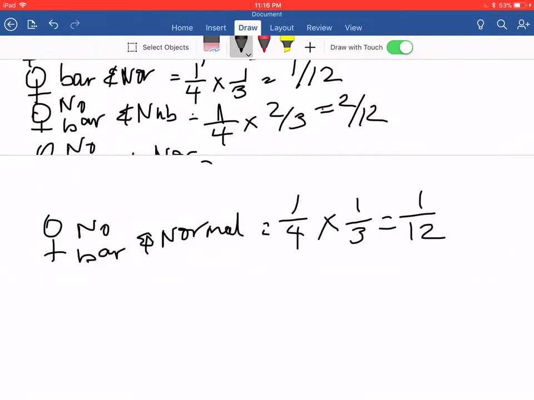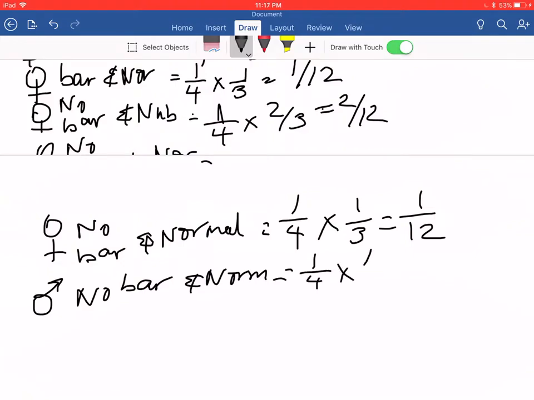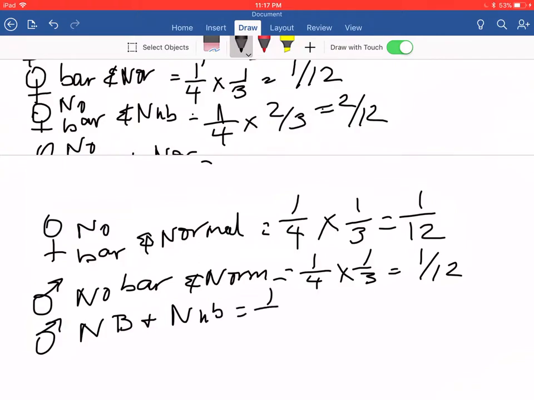Now we have to do the same thing with the males. We can have a male who is no bar and normal, and that's going to be 1/4 times 1/3, which is 1/12. You can have a male, no bar, and nub, which is going to be 1/4 times 2/3, or 2/12.